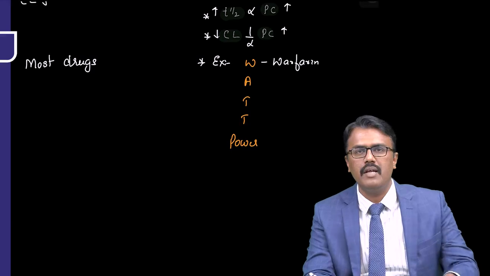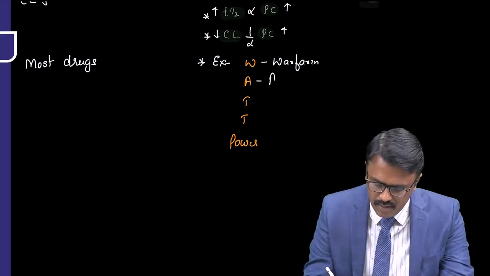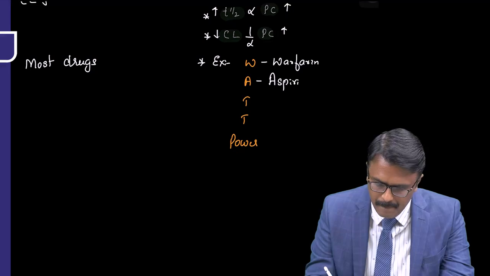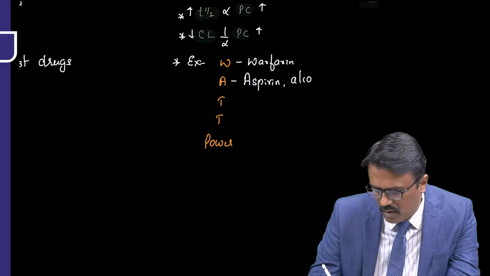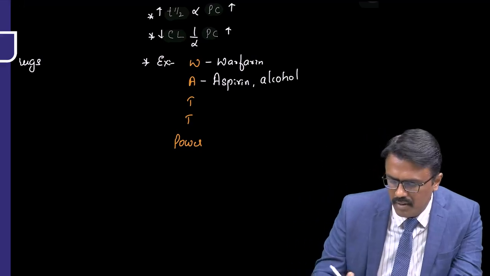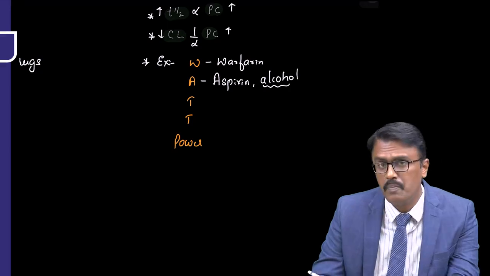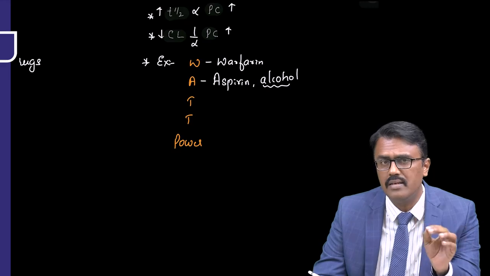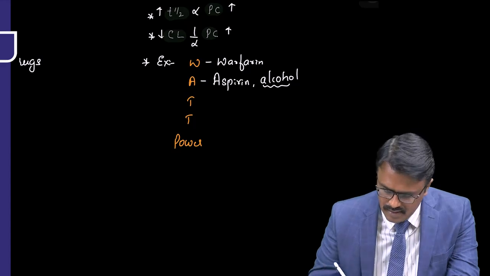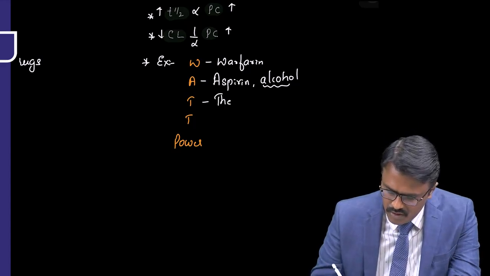W for warfarin. Then what is A for? A for aspirin. And one more A is alcohol. Now remember, alcohol is the only one which follows pure zero order kinetics. Others are going to follow mixed order kinetics. Then T for theophylline.